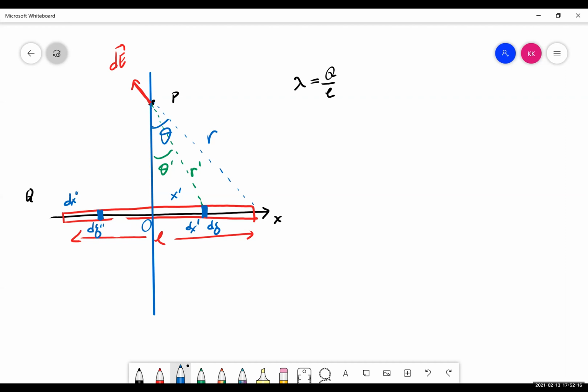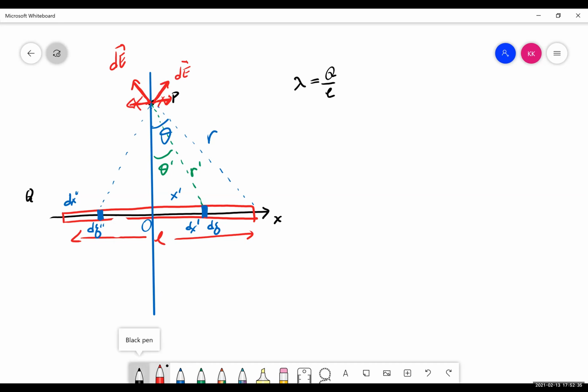So if I look at this guy over here, I can see that it also contributes dE. And if I break those down into components, both of them, I can see their x components going to cancel out. Again, using the symmetry.